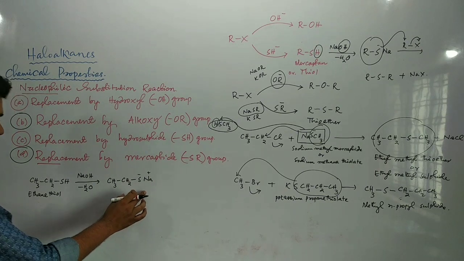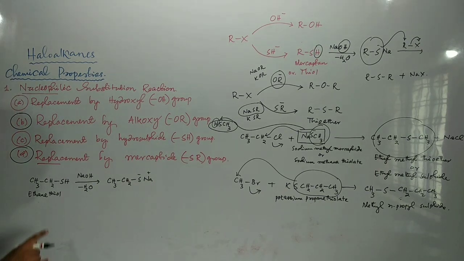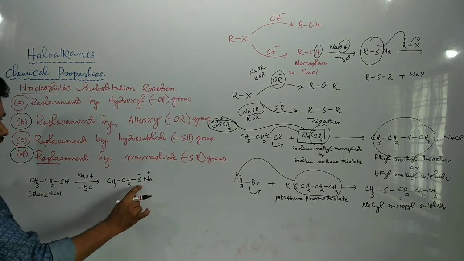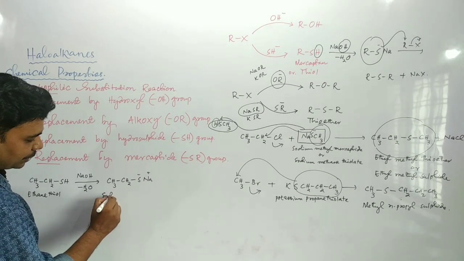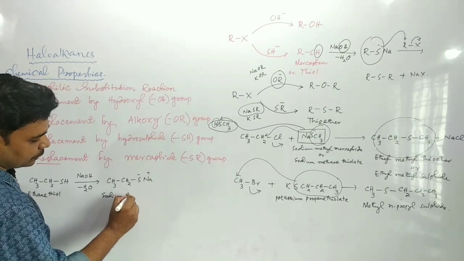Name it. What will be the name of this species? This is from ethanethiol, so it must be ethanethiolate. Which ion is there? Sodium. So sodium ethanethiolate.